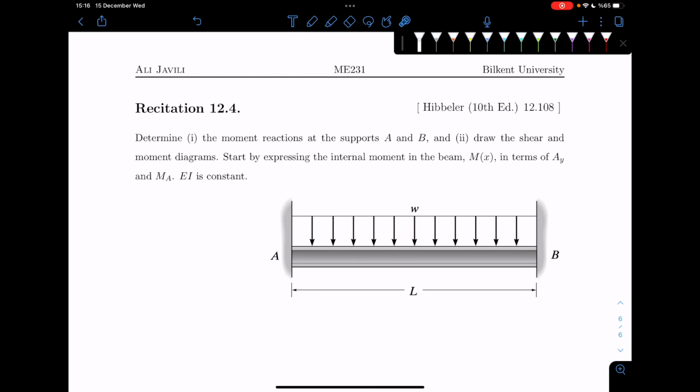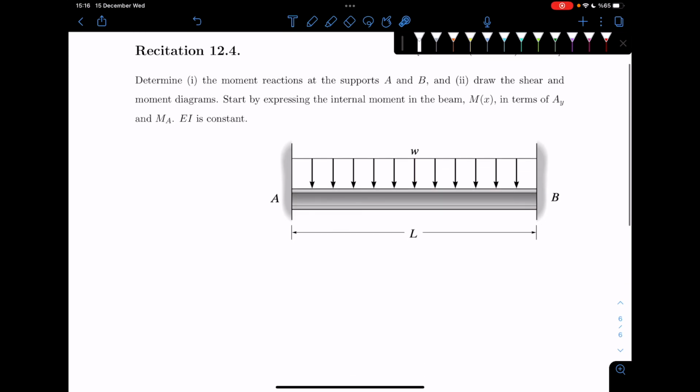And then again, the system that you have here is a statically indeterminate system. So in order to do it, you need to use some sort of, let's say, compatibility or superposition. So if you do that, and then again, I'm not going to write all the details, but the idea would be that you have here, let's say, AY and BY.